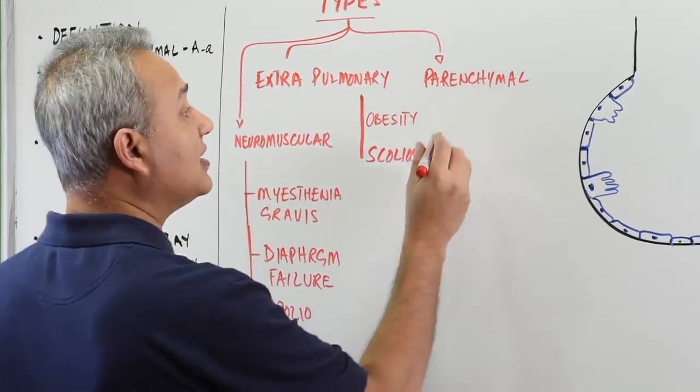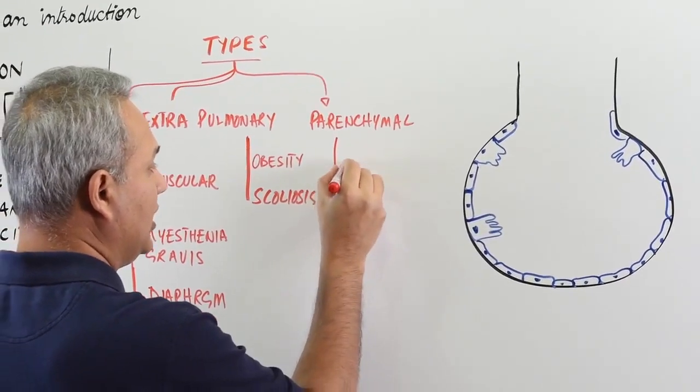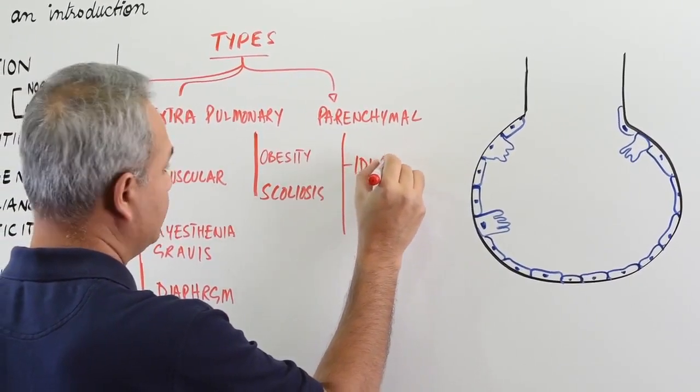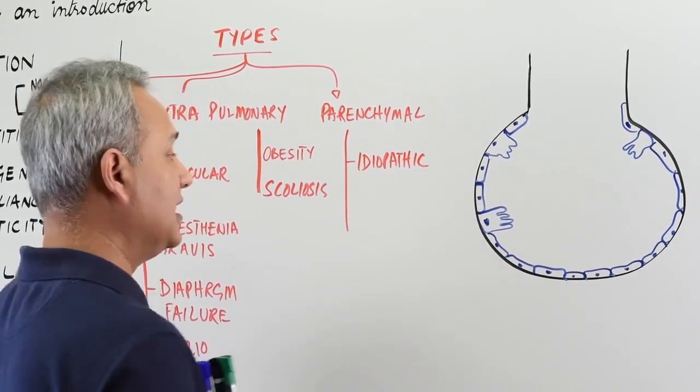And then the parenchymal diseases can be idiopathic. Idiopathic, we do not know what is happening.